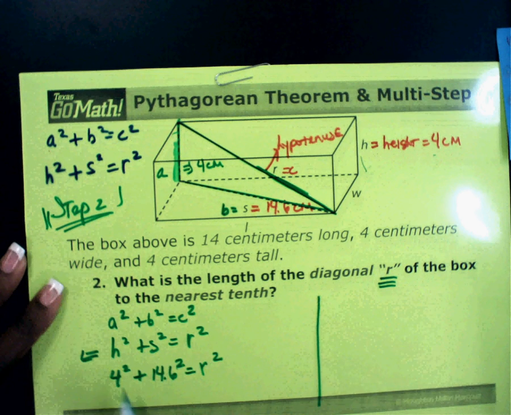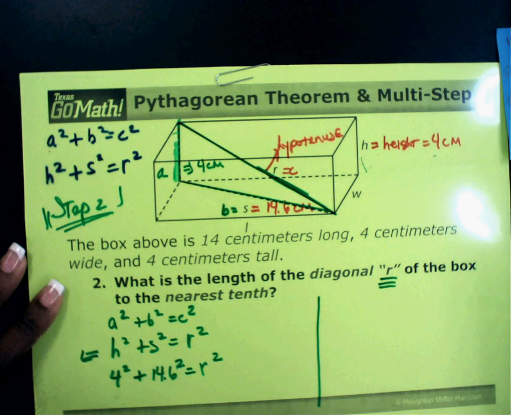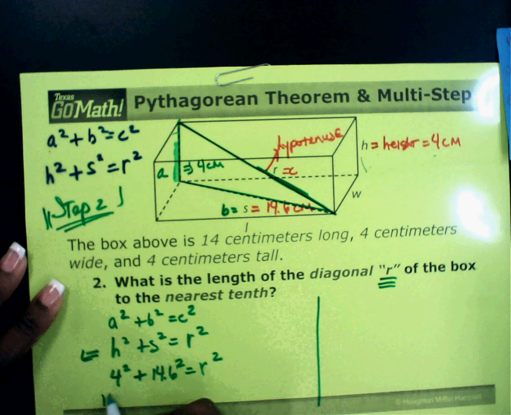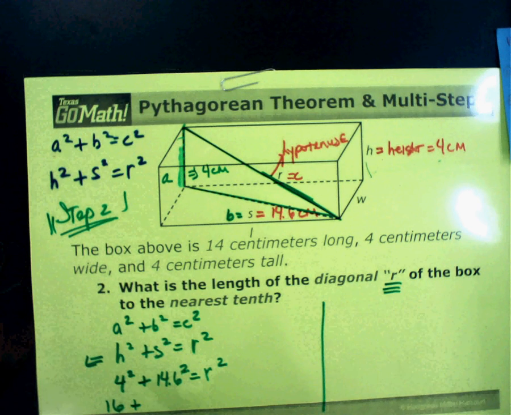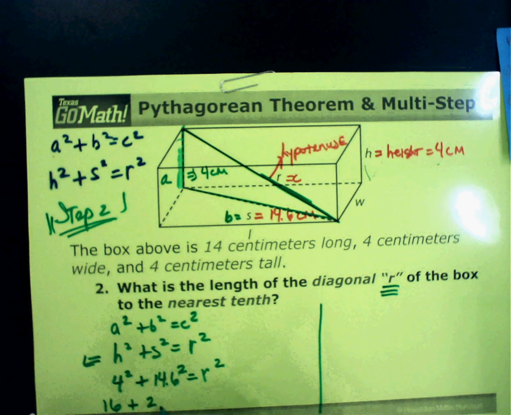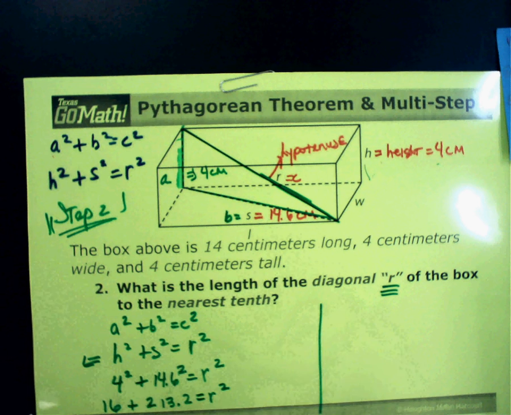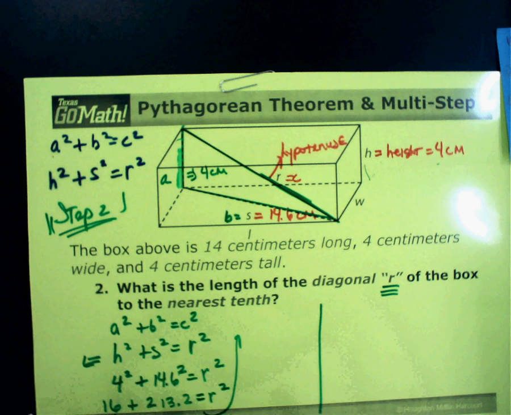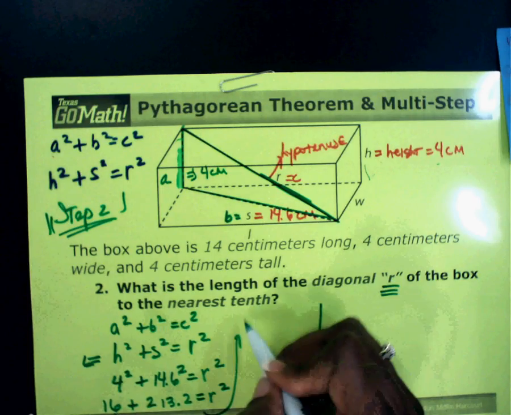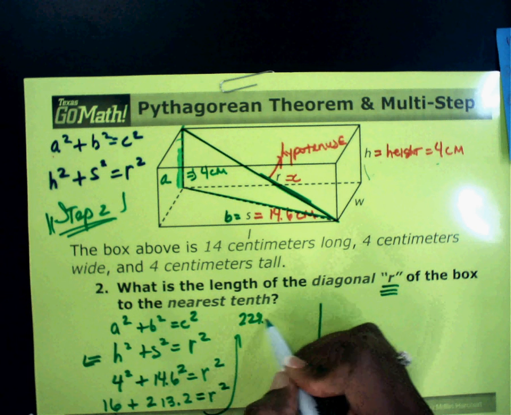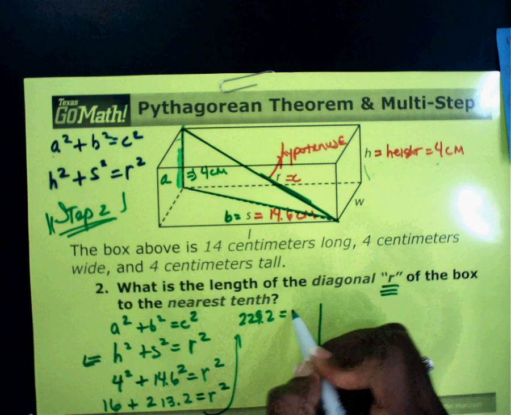So let's simplify the left side of the equation. 4 squared is 16, plus 14 and 6/10 squared is 213, and we can round it to 0.2, or 2/10 is the correct terminology, and then we have R squared. Now we add 16 plus 213 and 2/10, and that gives us 229 and 2/10 equals R squared.